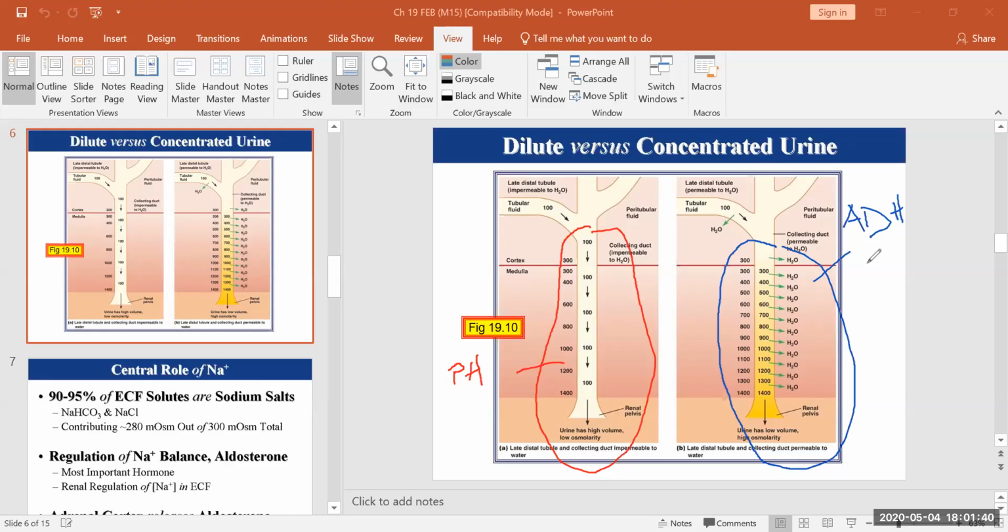And you have a picture in your book about that, specifically 19.11 on page 543. You see on that picture, the ADH is a hormone released by the posterior pituitary gland.